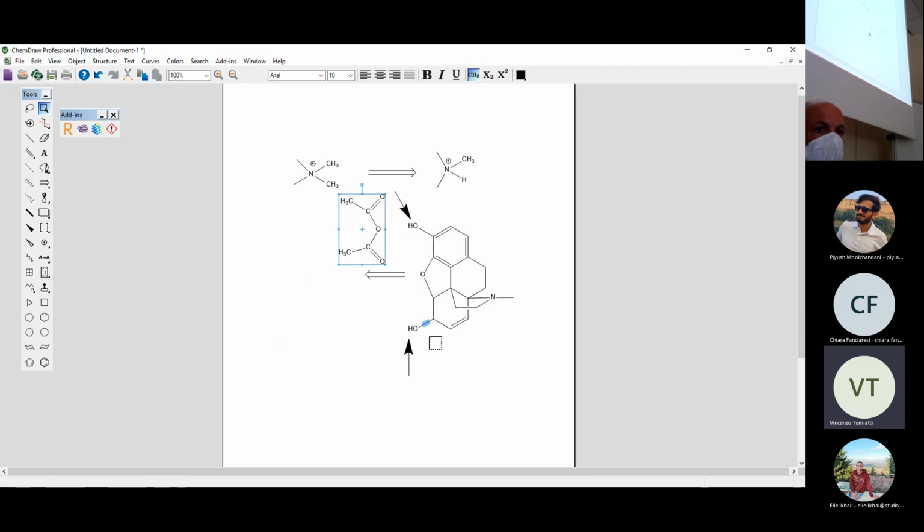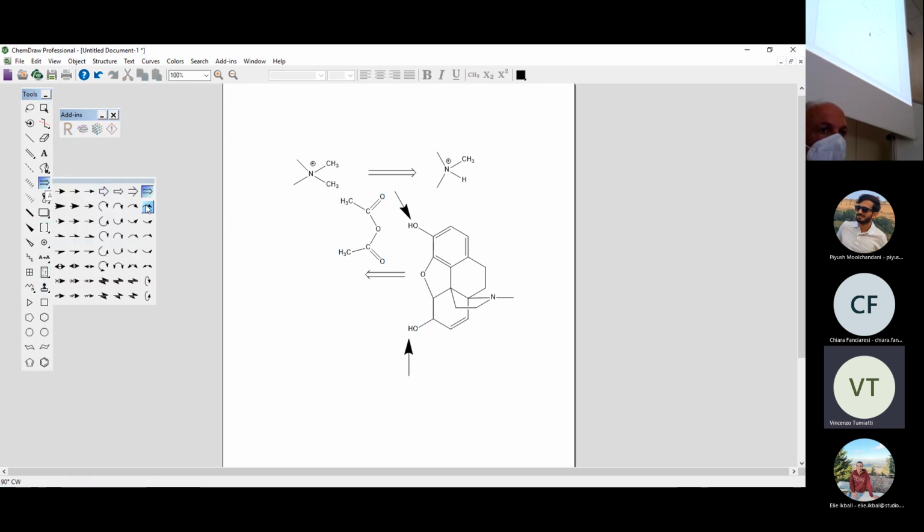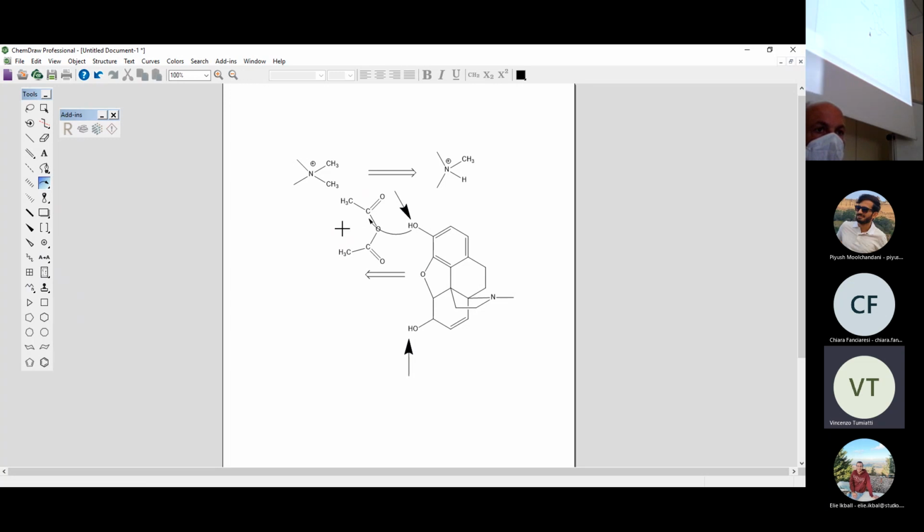The two OH groups are two nucleophiles able to attack directly the carbonyl of the acetic anhydride.